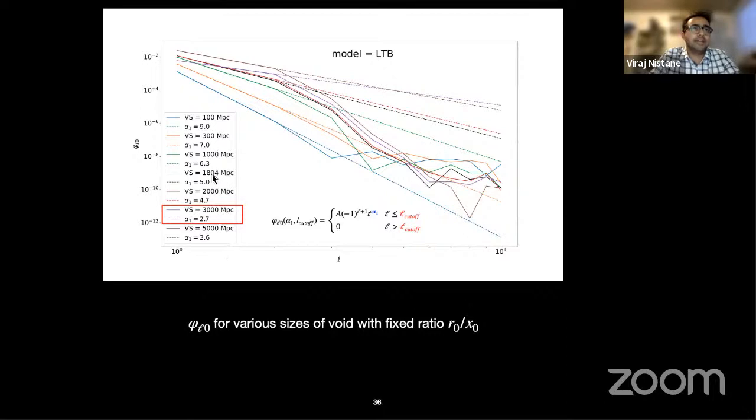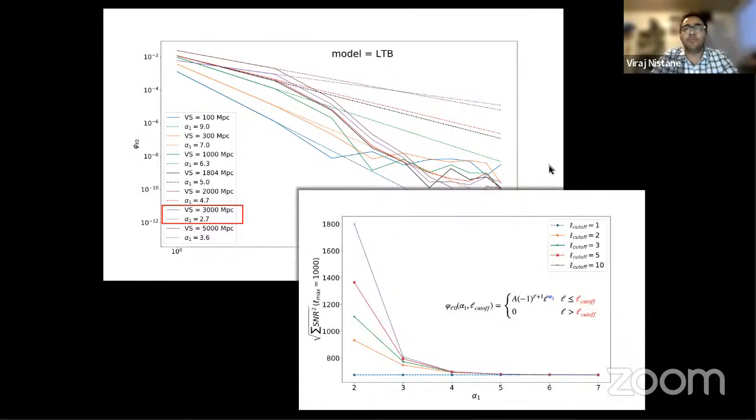So it decreases, it increases, and then it increases further, and then it decreases. We'll see why this is so. First of all, we need to understand why we have set L cutoff to 2, and this plot would hopefully make us understand why.